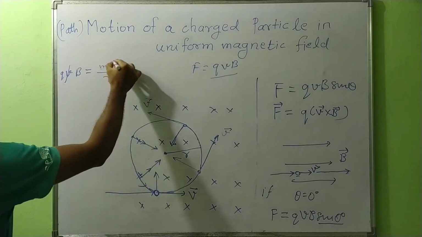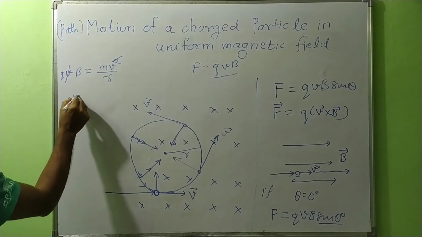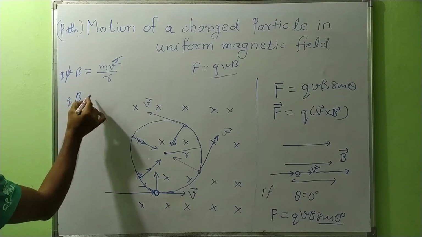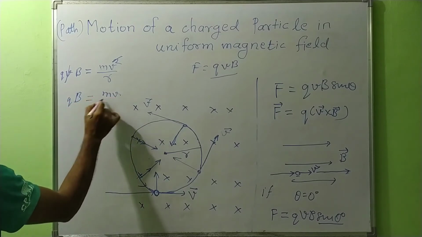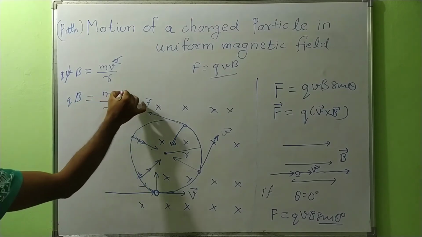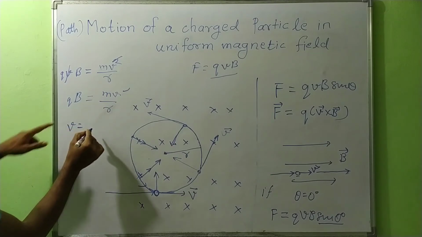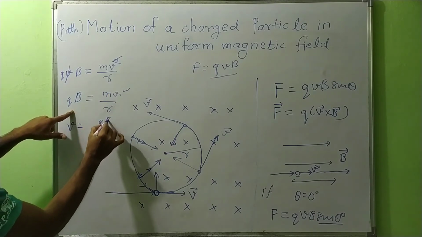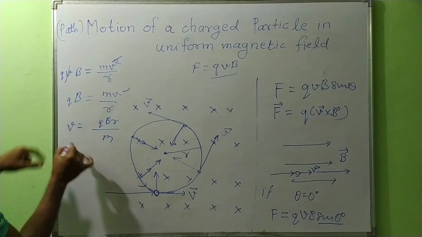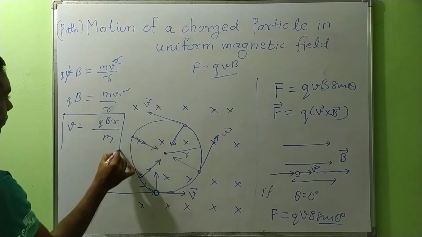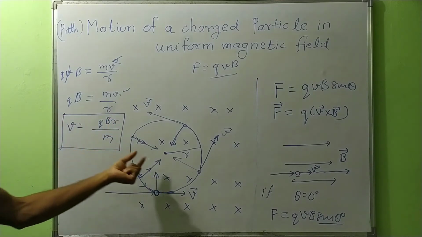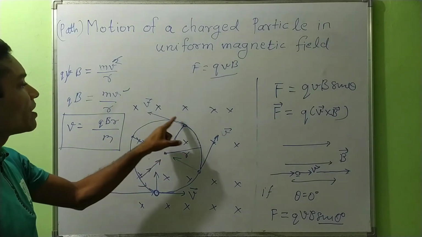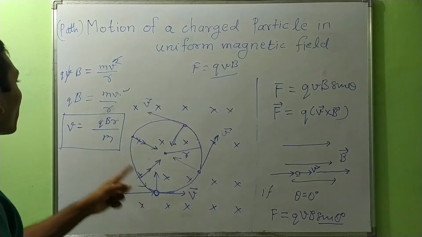So v cancelled by v, and here qB will be mv upon R, or v will be equal to qBR upon m. With this velocity, this charged particle will be moving along the circular path.